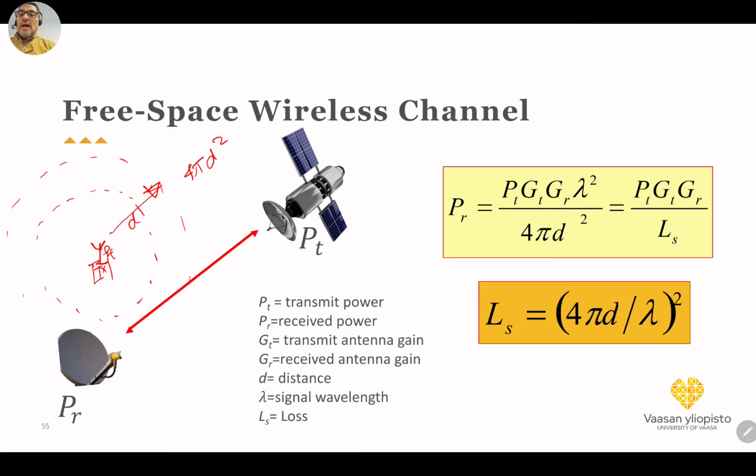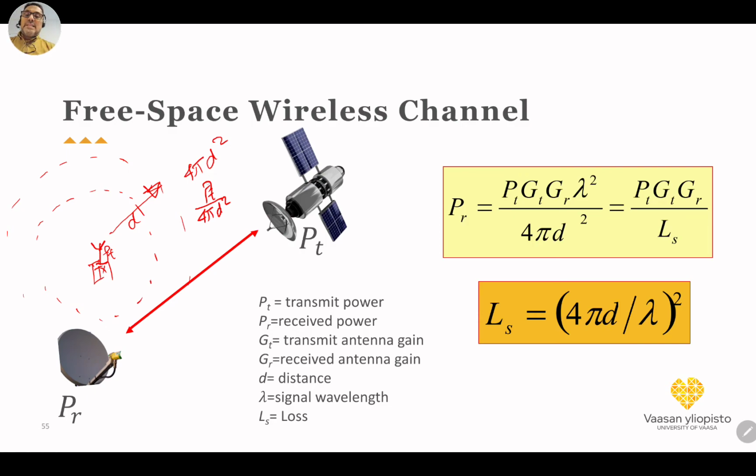Now you have the transmitted power P_t. What is the power density over that ball? Now I am talking ideally. The power density will be simply P_t, the transmitted power, divided by the area, 4 pi d squared. We assume now there is no absorption of the signal, and all the transmitted signal will arrive at the distance d from your transmitter.